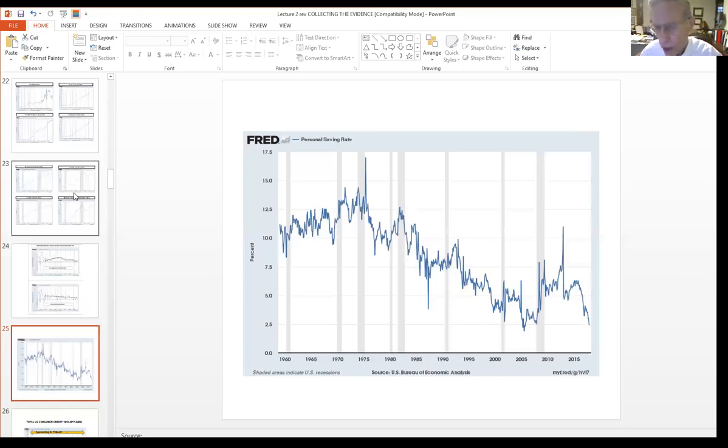Now, you can see that the saving rate rose during the recession and eventually really peaked, even during the recovery. Now, some economists will tell us, you see, the American public has wised up. They now know that they have to save more. And in response to that, some of us say, balderdash.